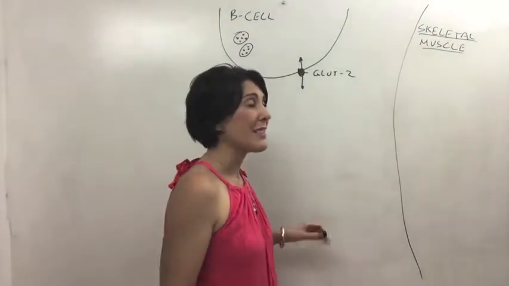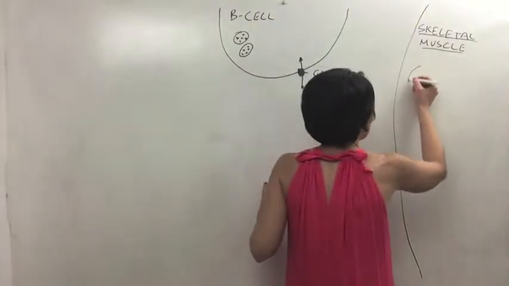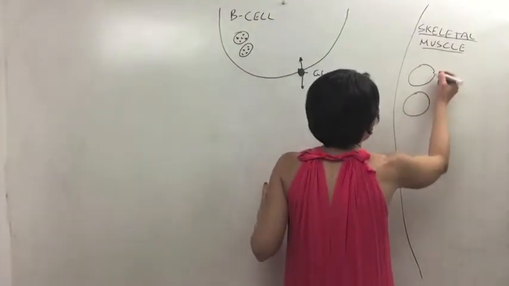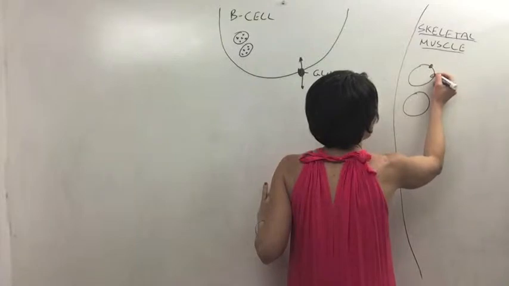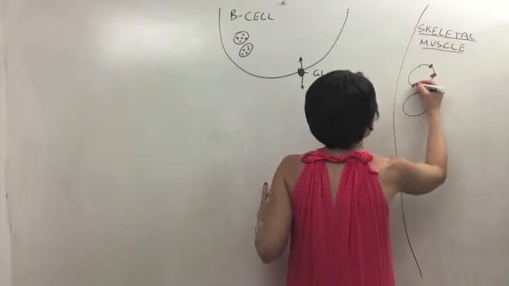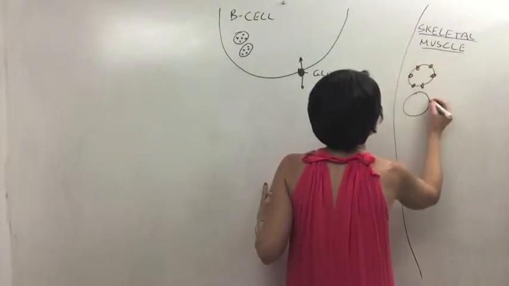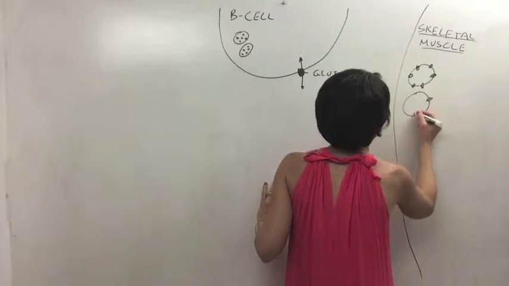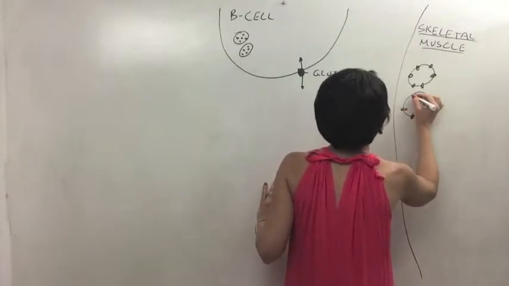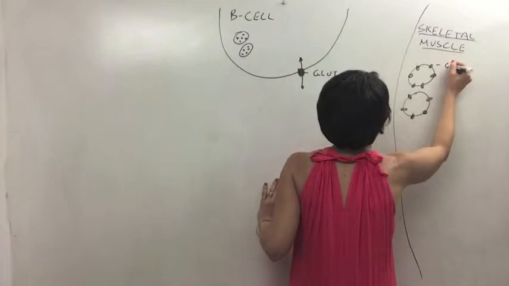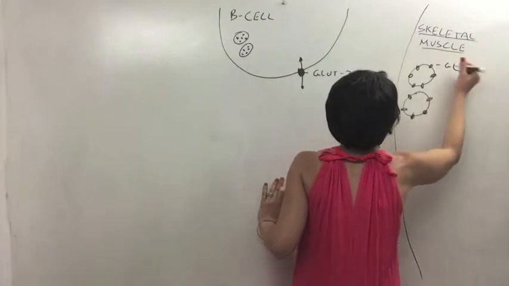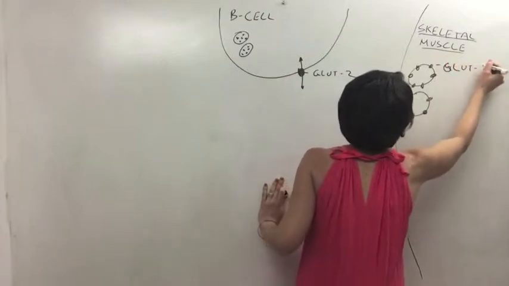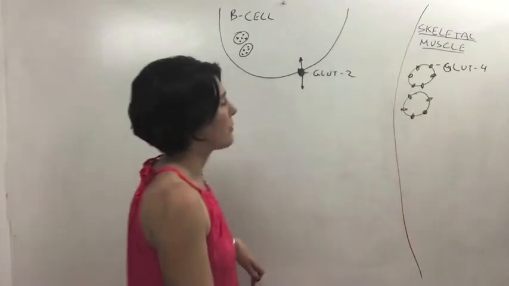However, when you exercise, there are transporters that are found underneath the membrane in vesicles called GLUT4 transporters. So glucose transporter 4.